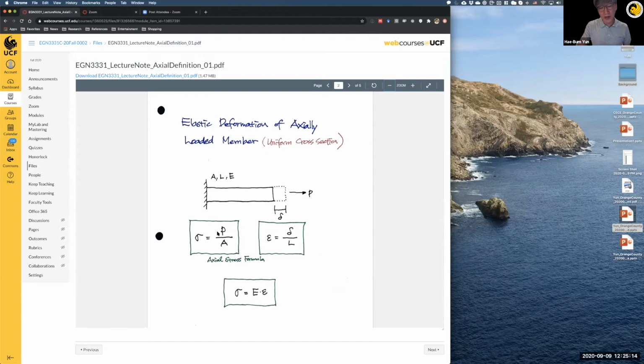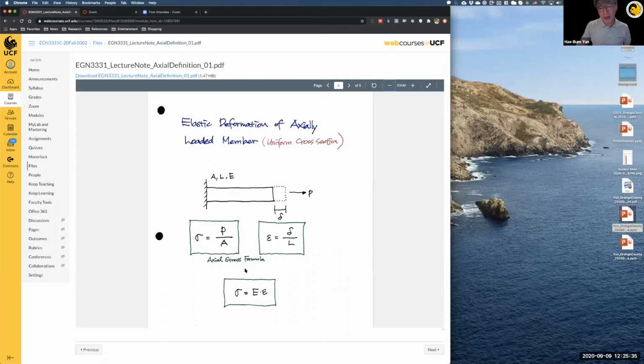So the cross section is A, this is area, so then sigma is equal to P over A. This is called the axial stress formula.